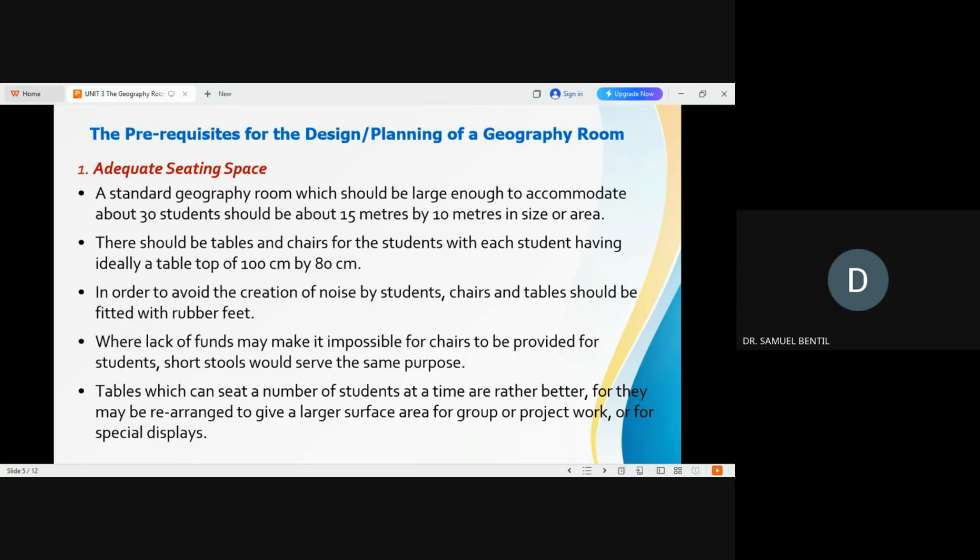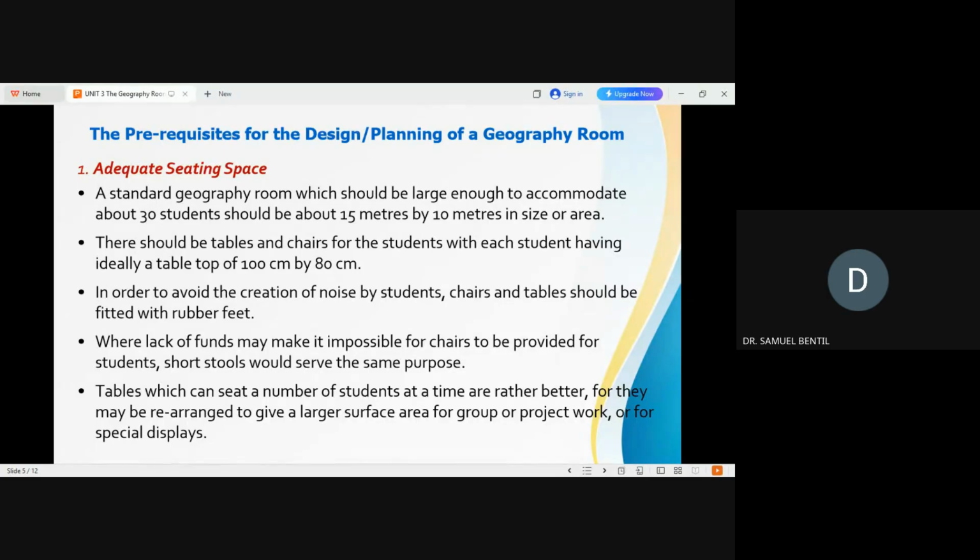And where the school does not have enough chairs, the school can consider using short stools as the chairs. But when you are using the short stools, you have to make sure that the top is a bit foamy so that it will not create unnecessary discomfort when students are sitting on it.